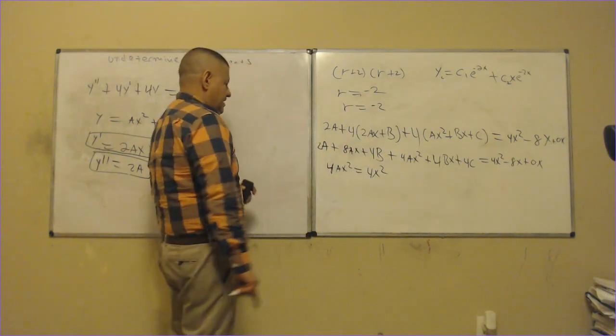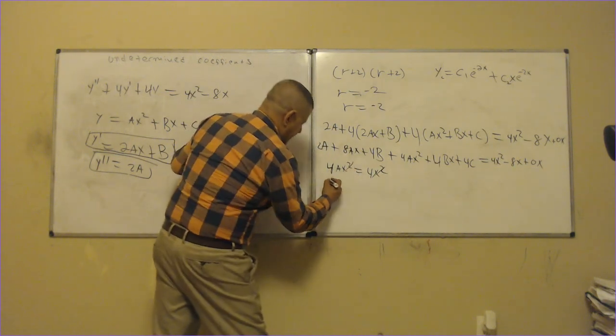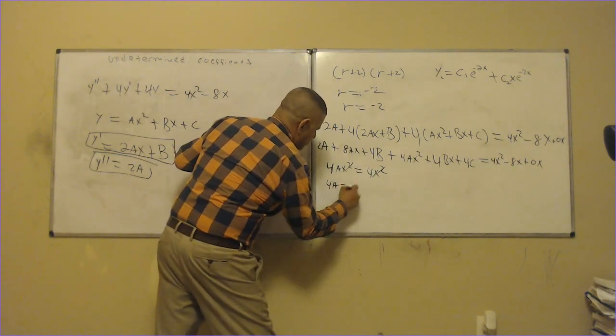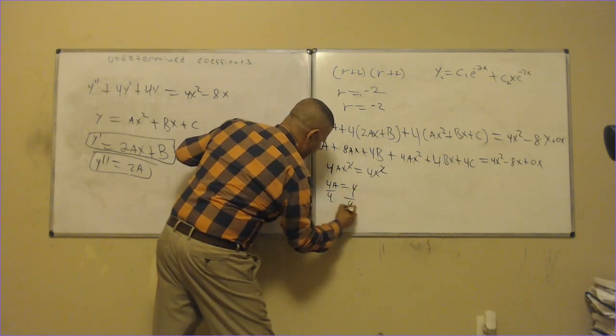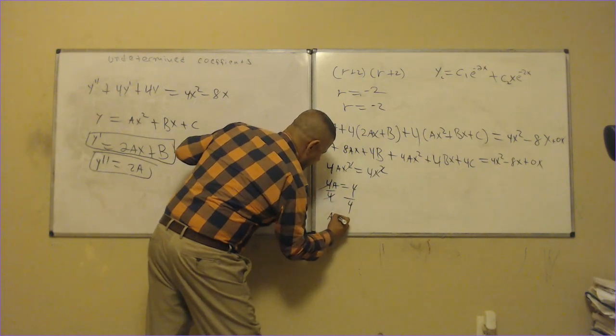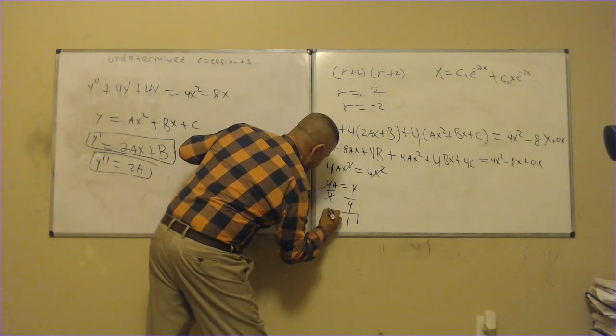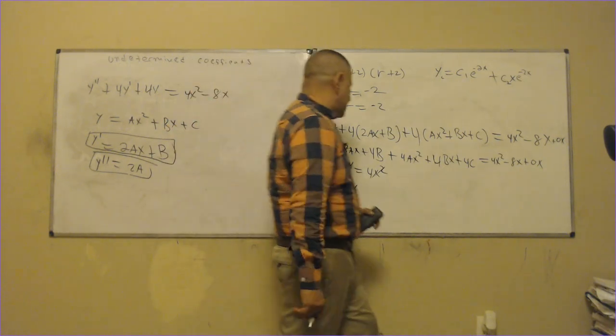Now notice that this cancels out, that cancels out, and I get 4a equal to 4, divided by 4. Now I get my a is equal to 1. I knocked out the first value already. That's done, right?